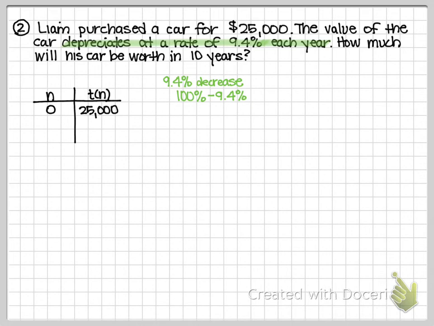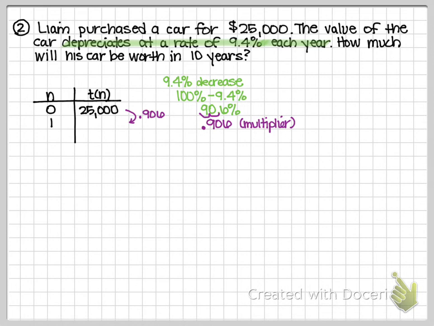That's going to give us 90.6%. Remember, grab the decimal. Let's move it over 2 spots. So 0.906. This is our multiplier, which means this is going to be B. So we would multiply by 0.906 to get to the end of the first year.